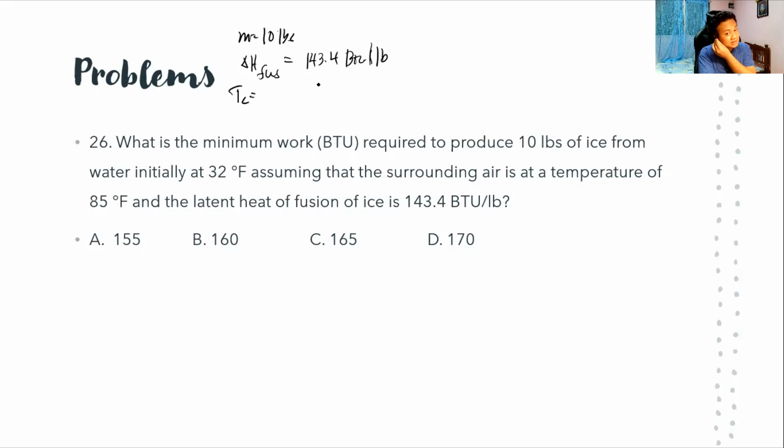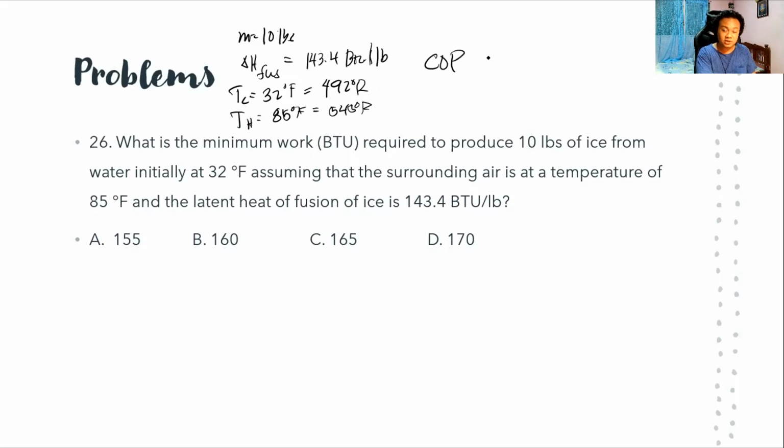The TC is equal to the cold temperature, which is at 32 degrees Fahrenheit. And then we have to add 460 for it to become degrees Rankine. So 492 degrees. So we have our hot temperature, 85 degrees Fahrenheit, which becomes 545 degrees Rankine.